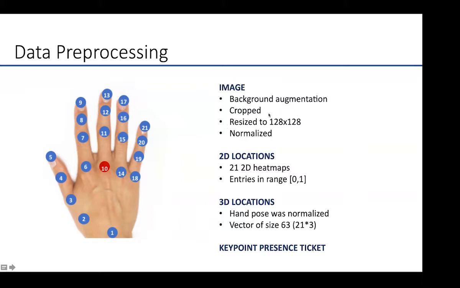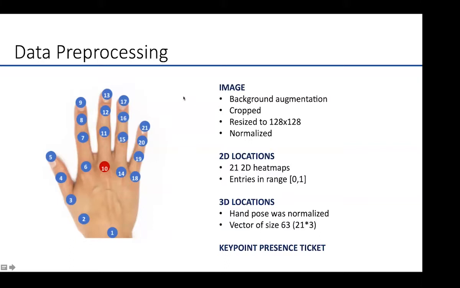I trained the model on this size of images. It is enough because a hand is not a very detailed and complicated object. And if you use some kind of pre-trained model, I used ResNet trained on ImageNet, I used normalization.